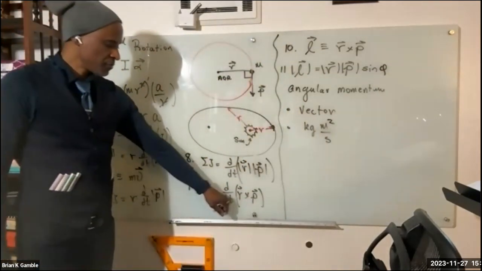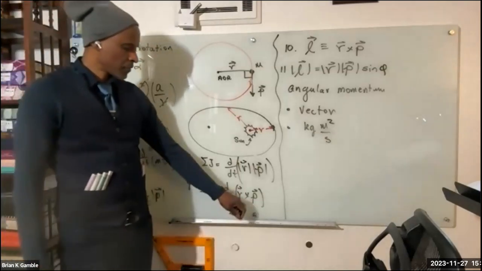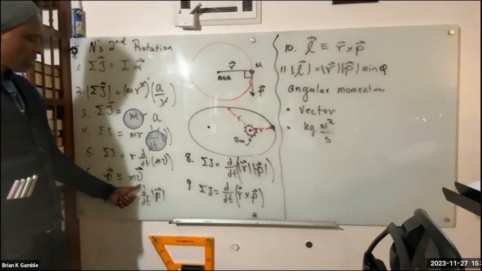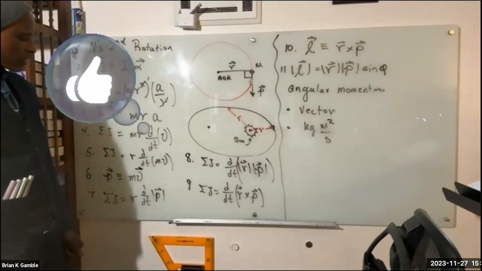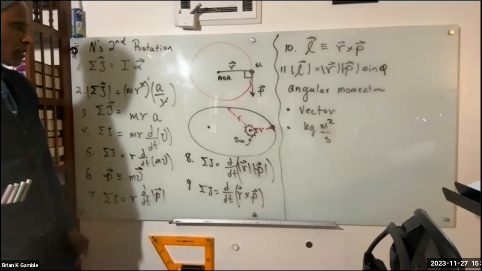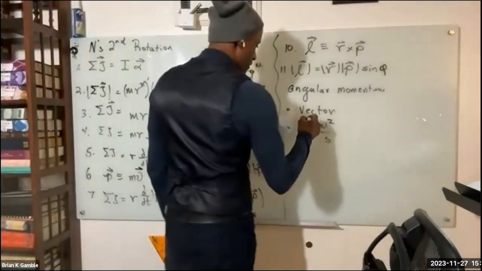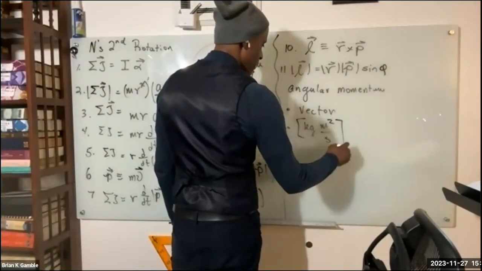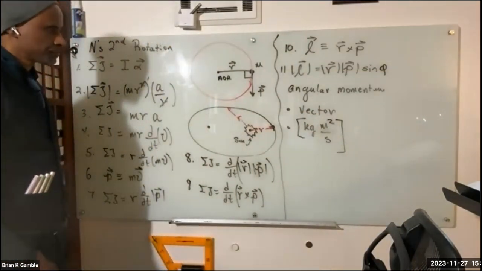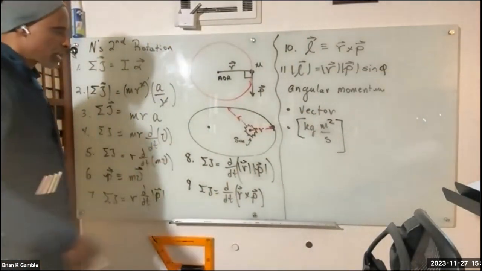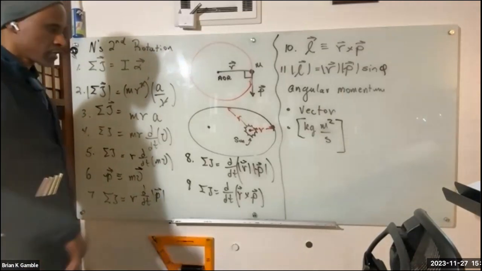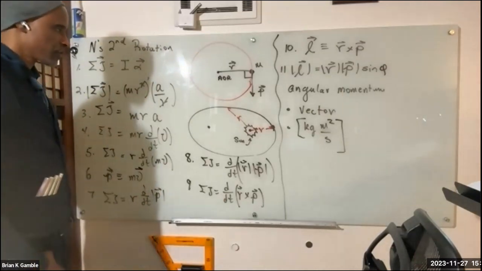Because the units of R are meters, and momentum has kilograms times meters per second. So it's meters times kilogram meters per second, which is kilogram meters squared per second. So it doesn't have a name. There's no proper name associated with the units of angular momentum. It's just kilogram meters squared per second, a vector quantity, and has all the properties of a vector.